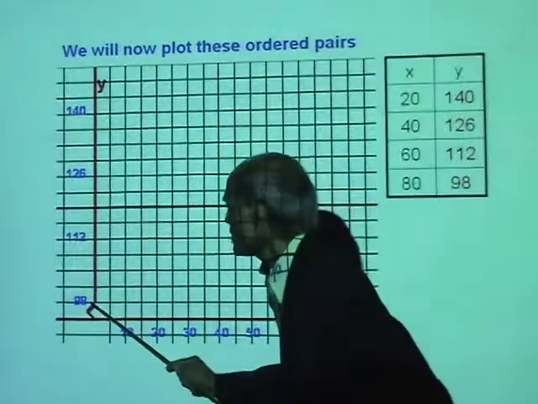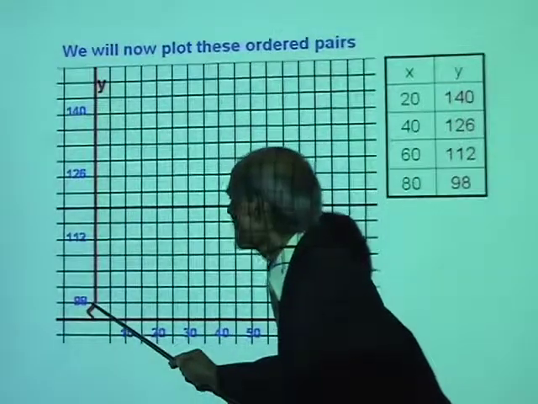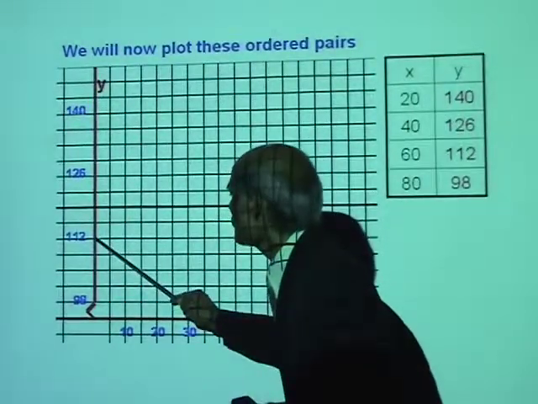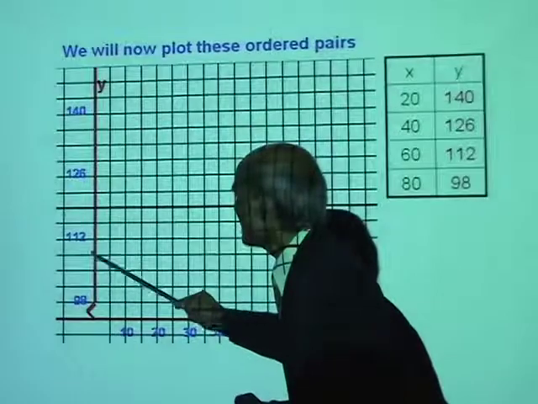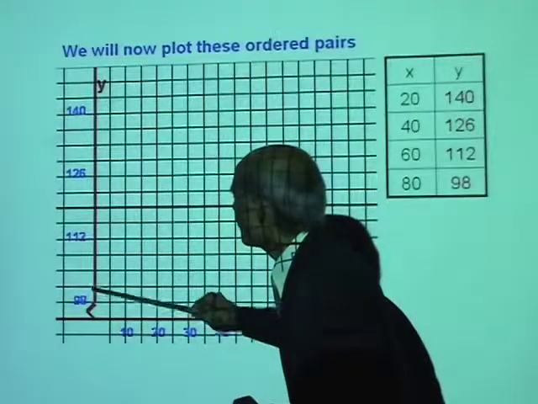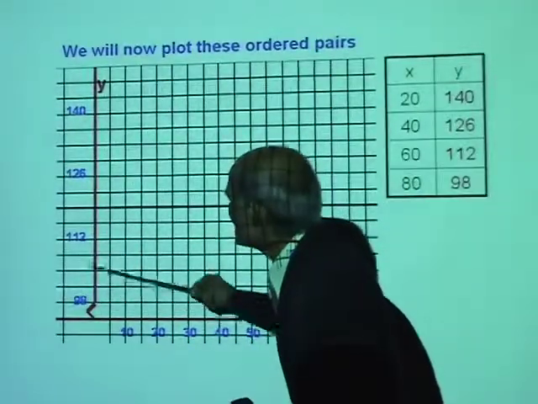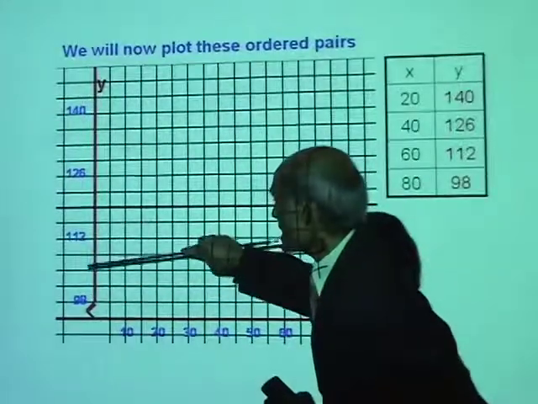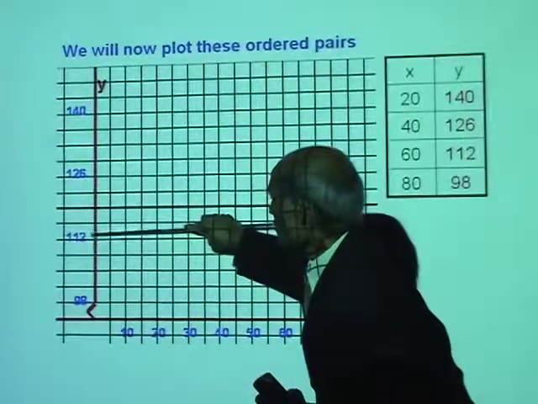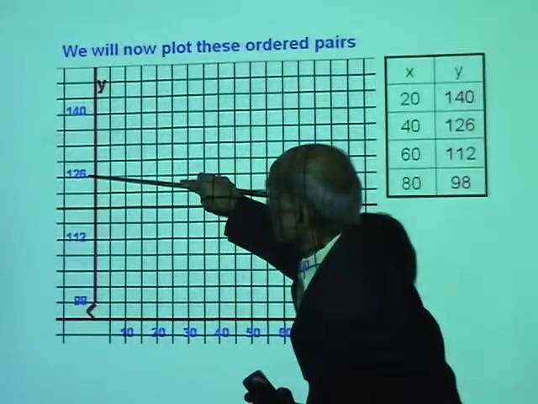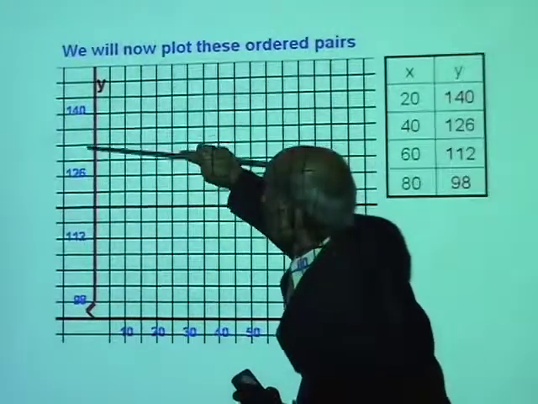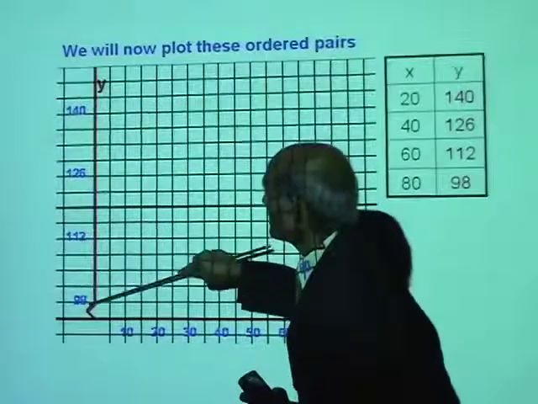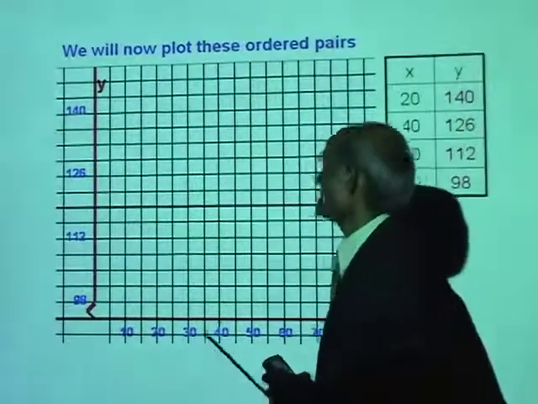And I started here at 98. And this is 112. That means there are 4 divisions is 14. So this is 98 plus 14. This will be 112 plus 14, and this is 126 plus 14. So I've got those numbers there.